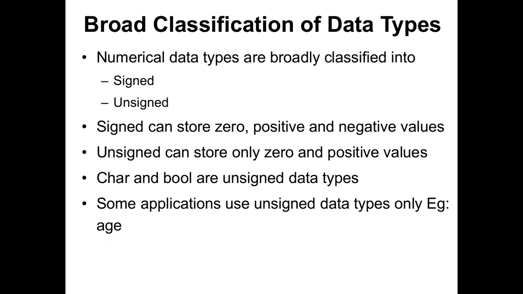And when you look at the broad classification of the data type, numerical data types are basically classified into signed and unsigned. Signed means it will be preceded by a sign, and you should understand that basically all the data is stored as only ones and zeros inside the memory.